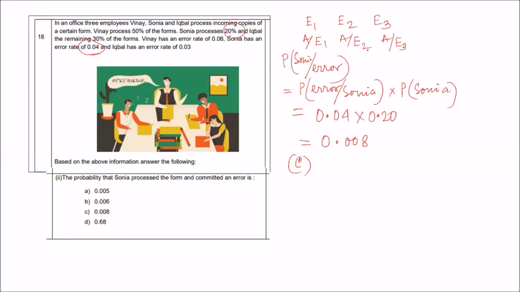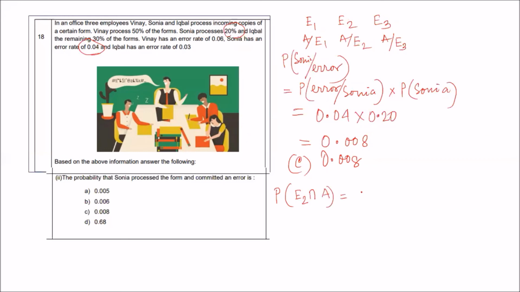That means A by E2 multiplies E2. I'm explaining the concept again. That means Sonia is making an error. If I take Sonia as E2, then E2 intersection error.